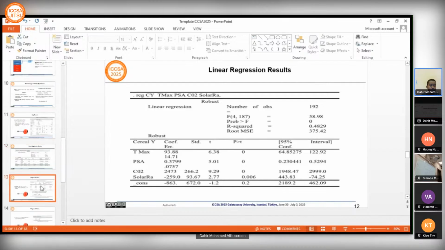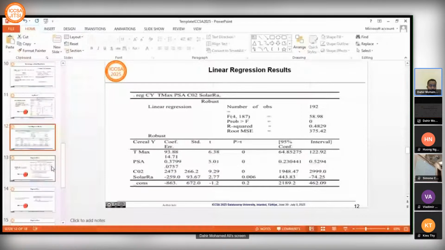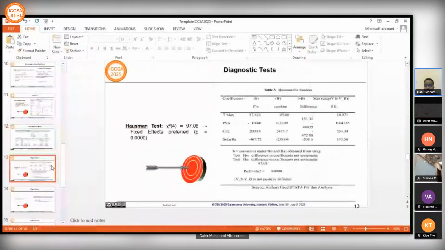Then we make diagnostic tests. First, we tested the Hausman test. The Hausman test was performed to choose which is fit for our model, the fixed effect model or the random effect model. The test strongly rejected the null hypothesis, with a p-value less than 0.05, indicating that the random effect model is inconsistent.